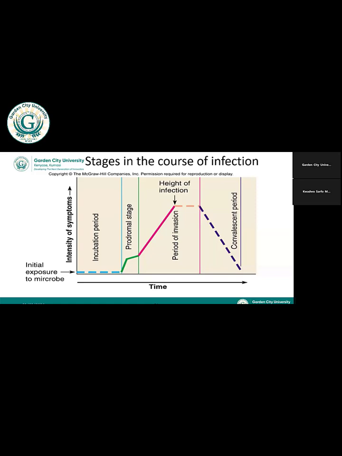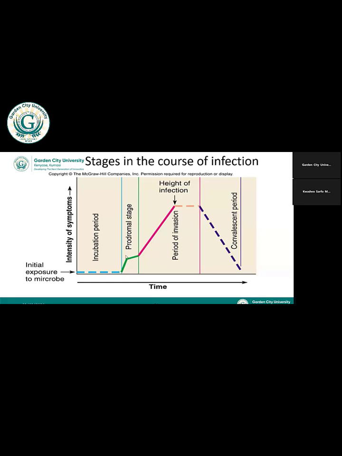And mostly diagnostics are done and is very accurate when the height of infection is achieved. It also depends on the diagnostic technique.